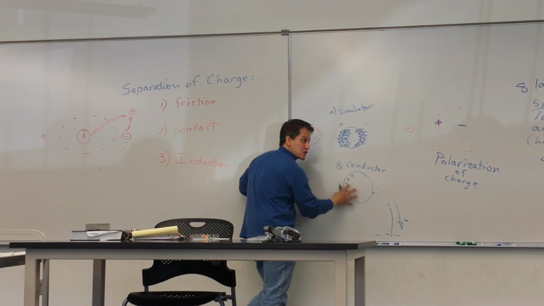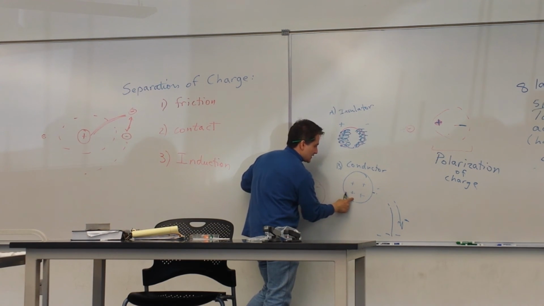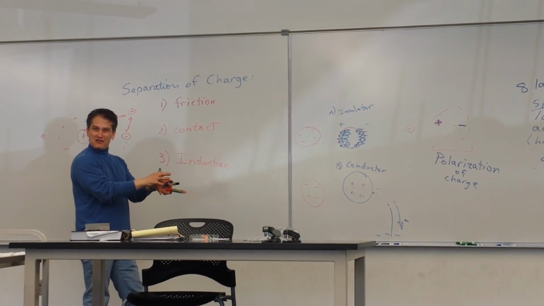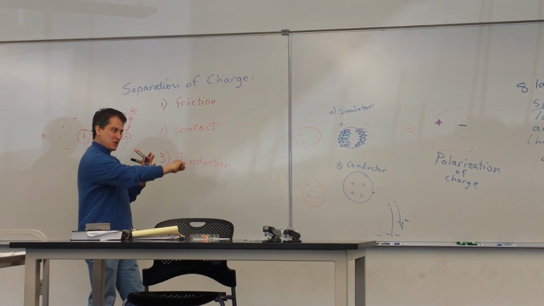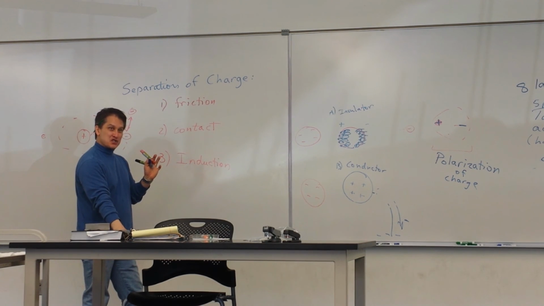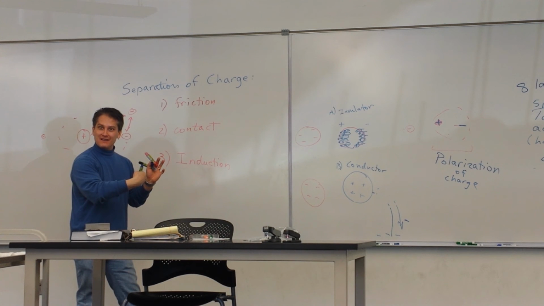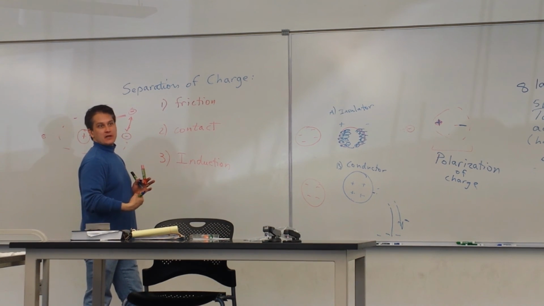And the electrons that are still present here will space themselves out in such a way that the whole object itself has a net positive charge. So in other words, you just push the electrons, you separate them, and then you allow them a way out of the system itself, and then you remove that pathway so they can't come back. That's charging by induction, or that's separating charge by induction.